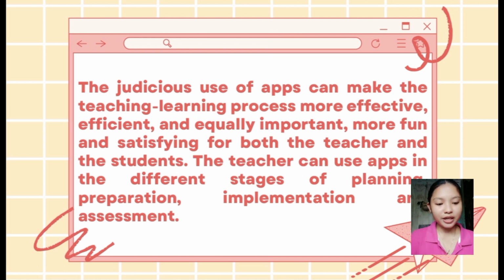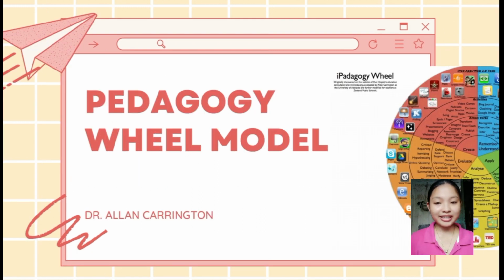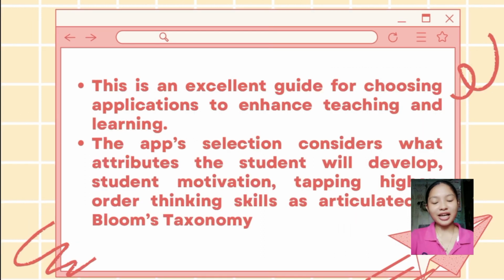Okay, so here I will share a model that is an excellent guide for choosing appropriate applications in the teaching process. This is the Pedagogy Wheel model of Dr. Alan Carrington. As I said earlier, this is an excellent guide for choosing applications to enhance teaching and learning.